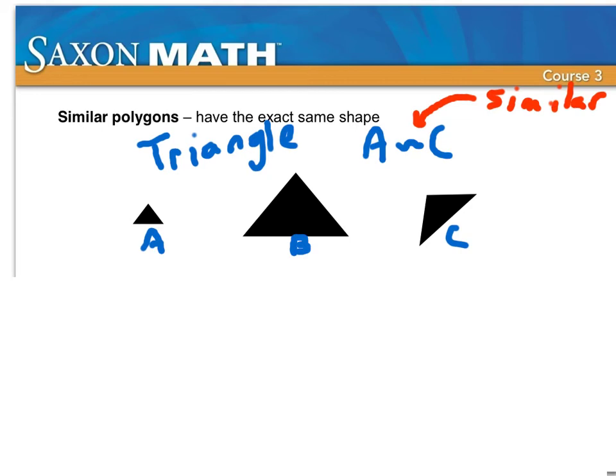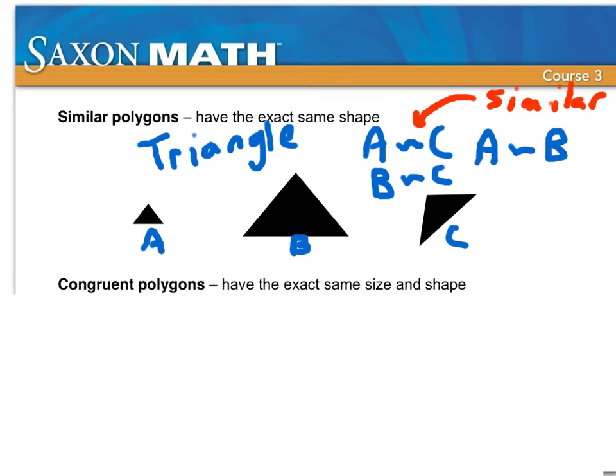So I could also say that triangle A is similar to triangle B, or triangle B is similar to triangle C. Those are all similar because they're all triangles. They're all the same shape. It doesn't say anything about their size. They're different sizes, so it just means they have to be the same shape to be similar.